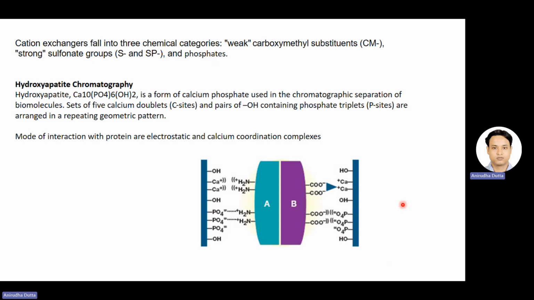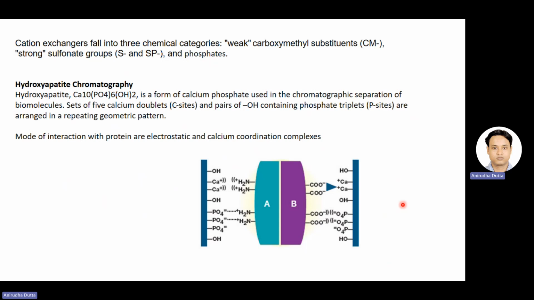So the mode of interaction, unlike normal cation exchange or anion exchange, is a little bit different, because there is an additional type of interaction, that is coordinate complex formation with calcium.